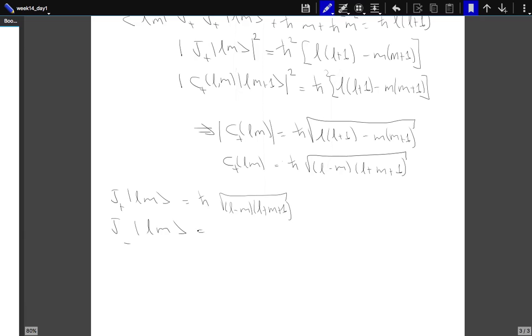And at the end of the day, you would get J minus Lm equals h bar square root of (L plus m)(L minus m plus 1) times Lm minus 1. So these are the matrix elements of J plus and J minus.